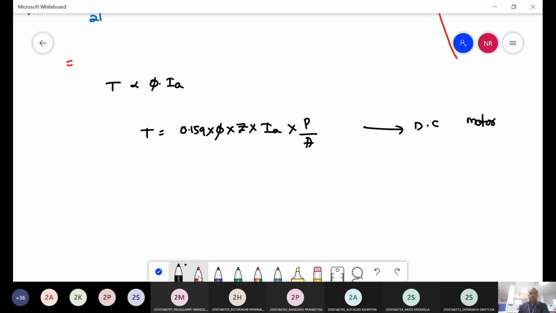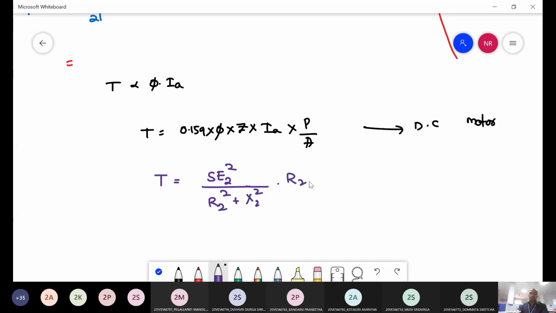This is for the DC motor. But when it comes to the AC motor, torque is equal to, we derived, S into E2 square by R2 square plus X2 square into R2.